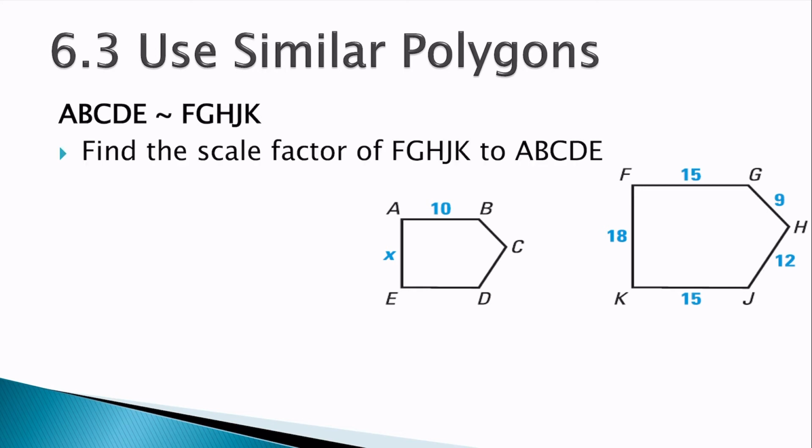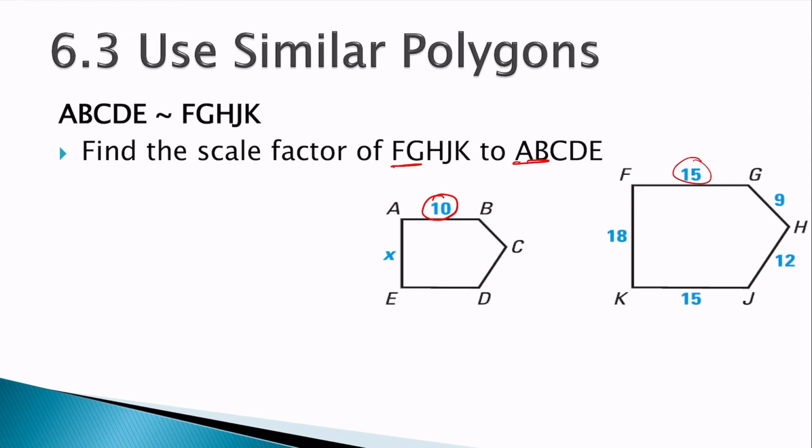So these two shapes are similar. I'm going to start by finding the scale factor of FGHJK to ABCDE. So again, we're going to find sides that correspond that have known lengths. So AB corresponds to FG.